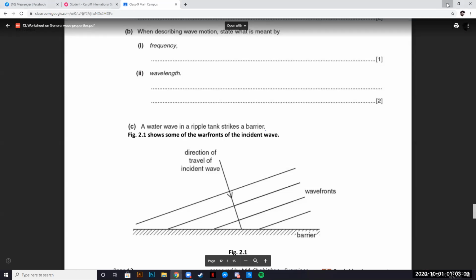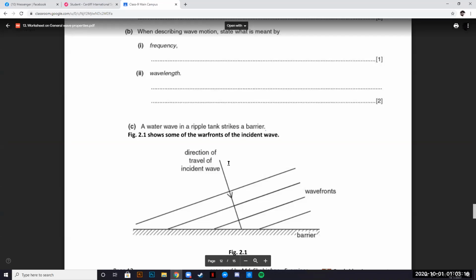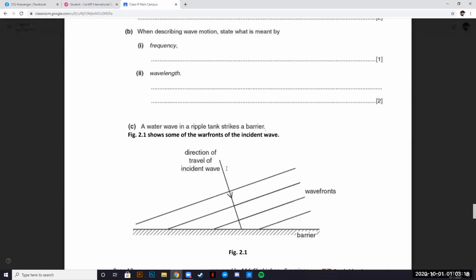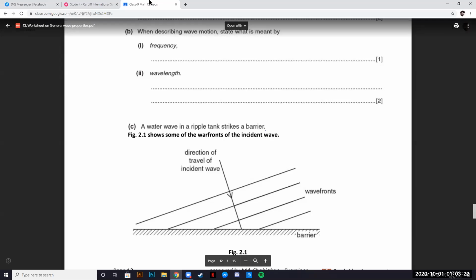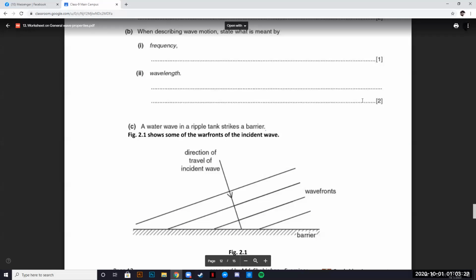Among the attendees who are participating, Shafkat will tell us what is called frequency, and Shimanto will write. Shafkat, why are you late to talk? You say the definition of frequency, then you will write.